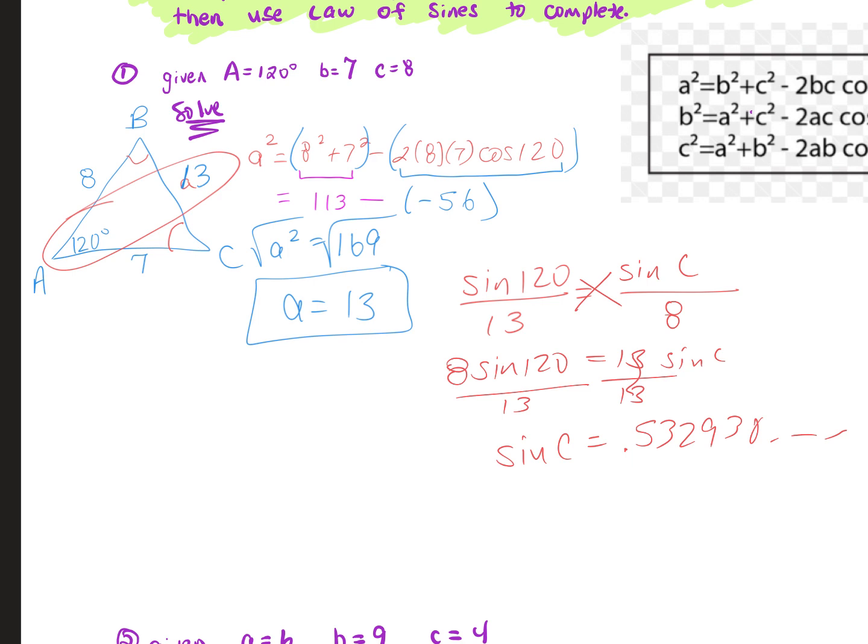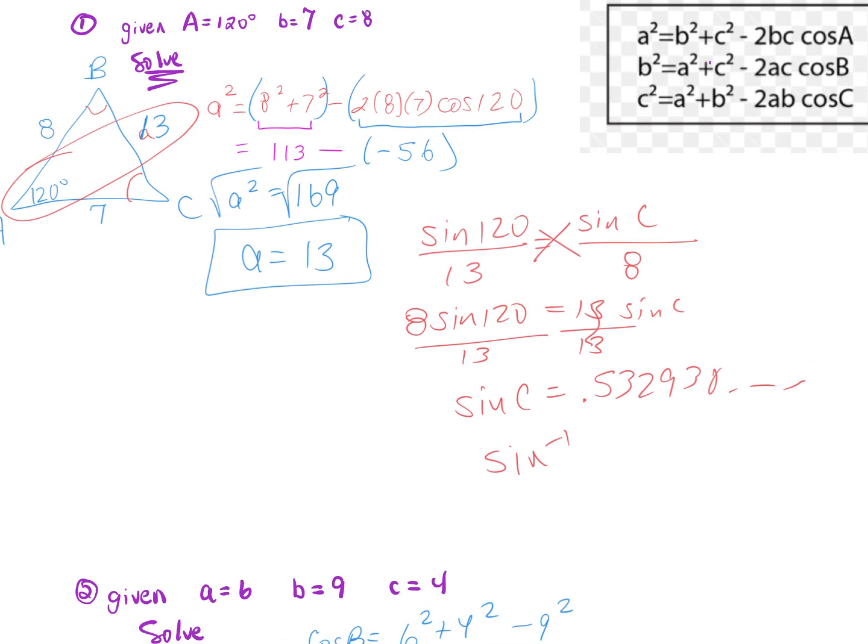What do we do in our calculator? Sine negative 1. So second sine, second answer. What'd you all get? There you go. Okay. So angle C is about 32 degrees.